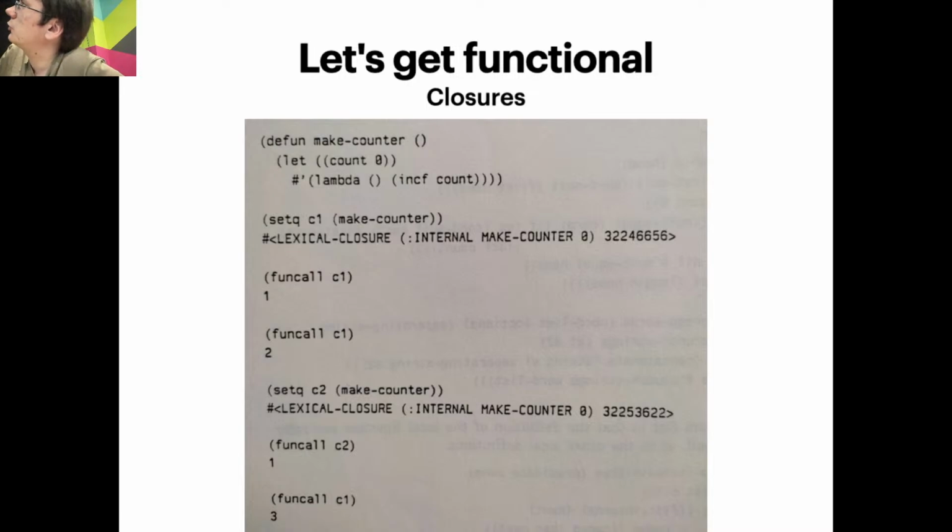That's because when we called makeCounter, we evaluated this lambda form, and it created a new function, but because there was this count variable in the body of the function, it became enclosed.